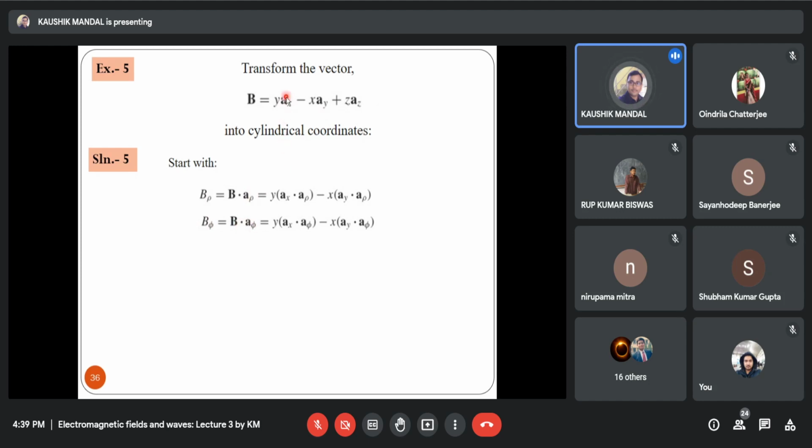So simply using this equation, y is outside the dot product, so it becomes a_x dot a rho minus a_y dot a rho, and if you consider the z component, it becomes a rho into a_z. Why are we not considering a rho into a_z?